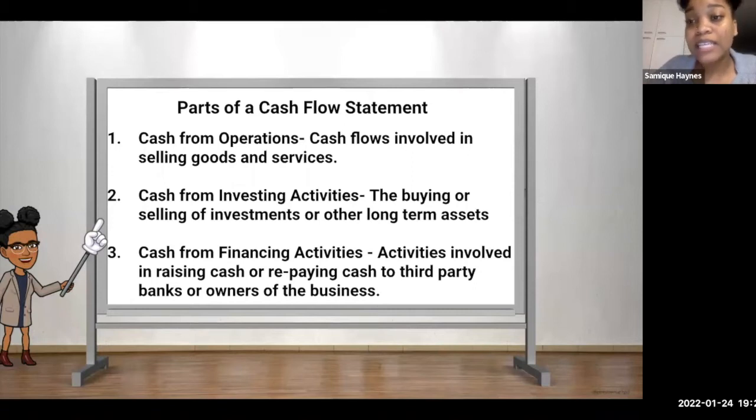Correct. Somebody says buying shares. Well, that counts as a financing activity. Exactly. And the reason that counts as financing is because that is going to be a part of equity, right? So we're either getting cash in through equity or cash has to go out through equity. And one of the ways that publicly traded businesses are able to raise funds for their business is by issuing shares.